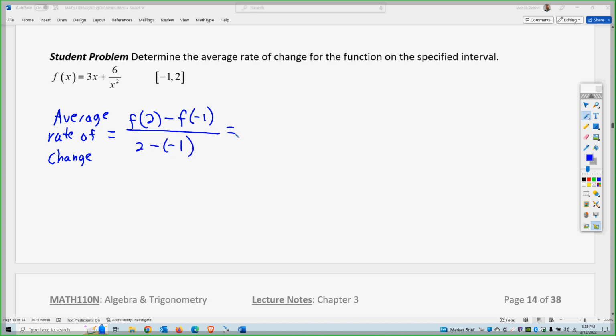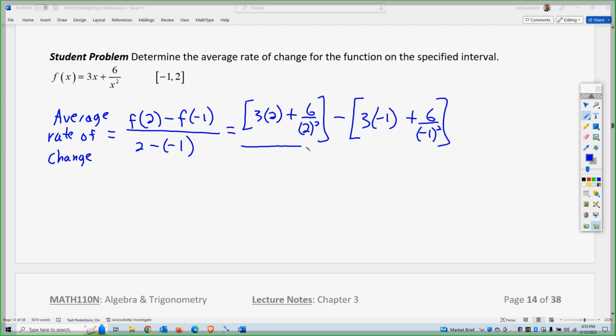So the function value at 2 is 3 times 2 plus 6 over 2 squared minus 3 times negative 1 plus 6 over negative 1 squared, and then divided by the change in the interval, which is 2 minus negative 1.